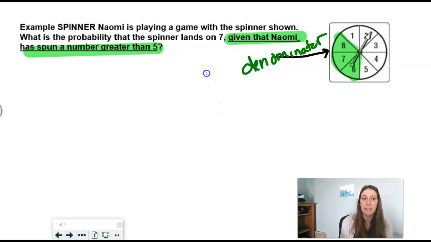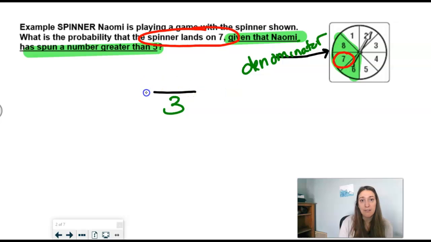So what conditional probability is saying is that I know the spinner will land on 6, 7, or 8. So the possible number of outcomes that we can have is 3. It's either this, this, or this. Now out of those 3, what is the probability that it lands on a 7? Well, 7 is only one of those possible 3 outcomes. Ladies and gentlemen, you just found your probability.